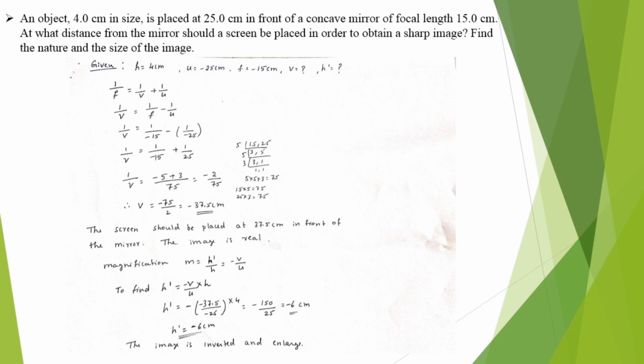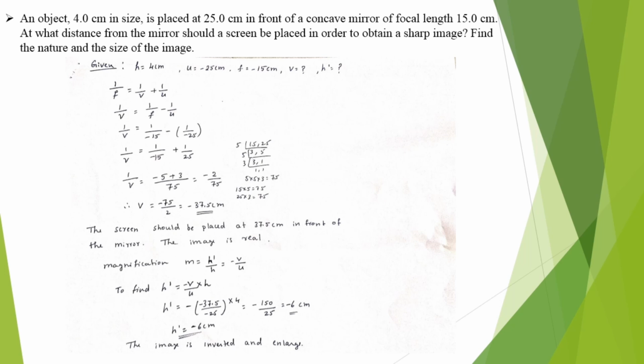Now take the LCM of 15 and 25, it will be 75. So 15 fives are 75 and 25 threes are 75. So minus 5 plus 3 is minus 2. So minus 2 divided by 75. So since 1 by v is minus 2 by 75, v is, take the reciprocal, minus 75 by 2. So the answer will be minus 37.5 centimeter.